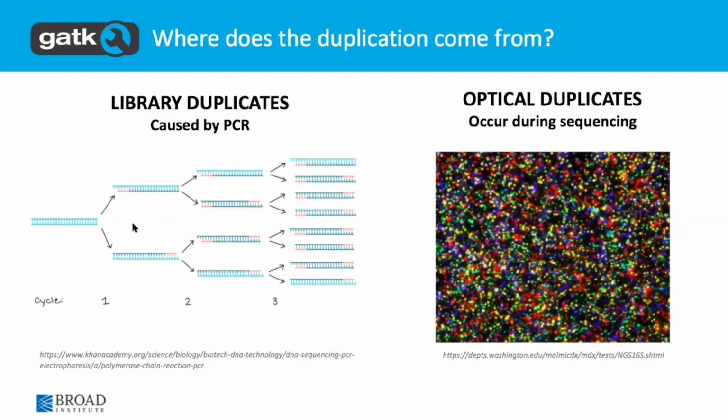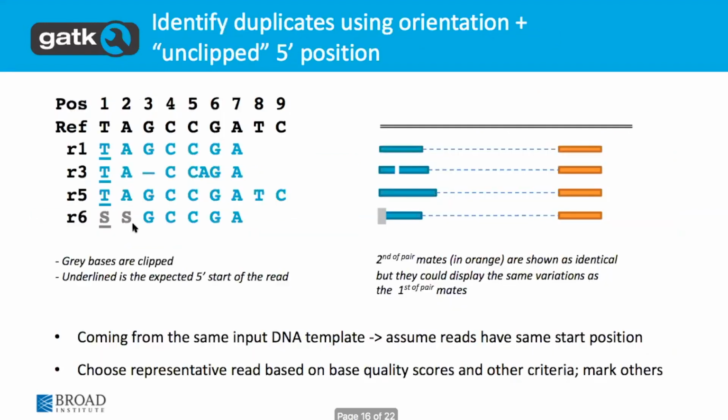So where do these duplicates come from? There are library duplicates and optical duplicates. Andre went over those details, so we'll move past this. Now, how does the MarkDuplicates tool mark duplicates? It looks at the orientation of the read and the unclipped 5' position of the first read.